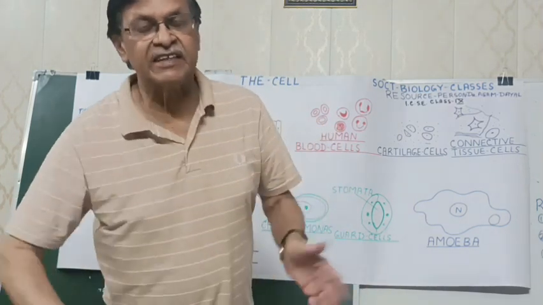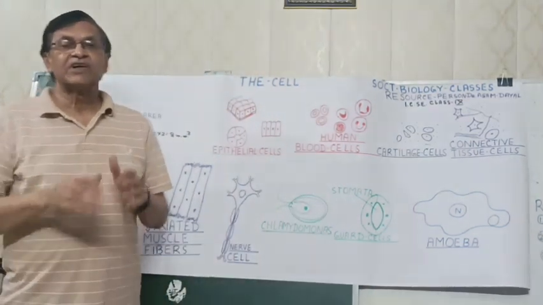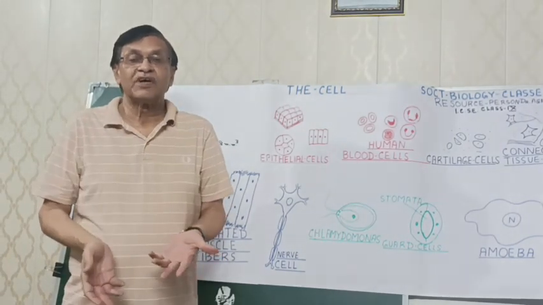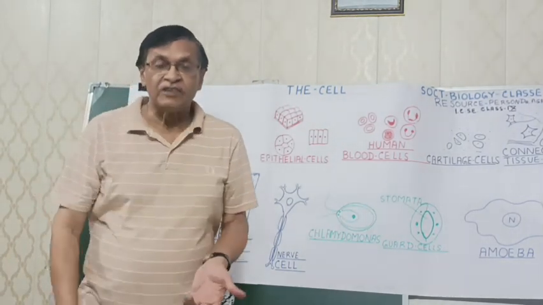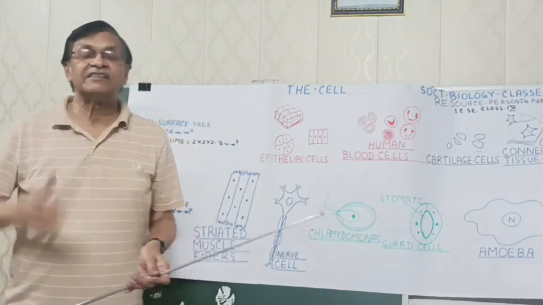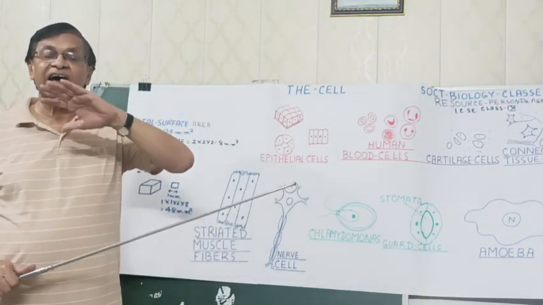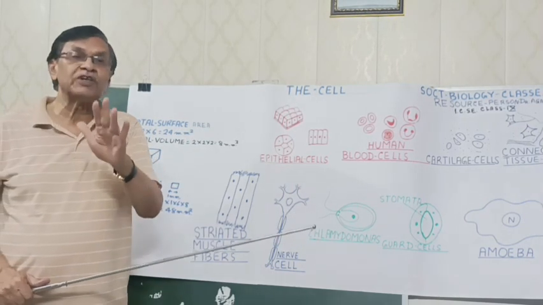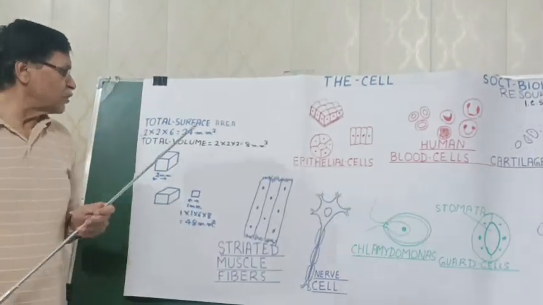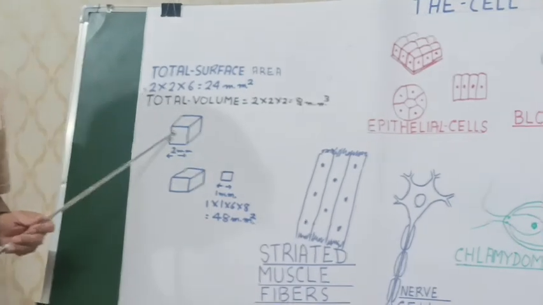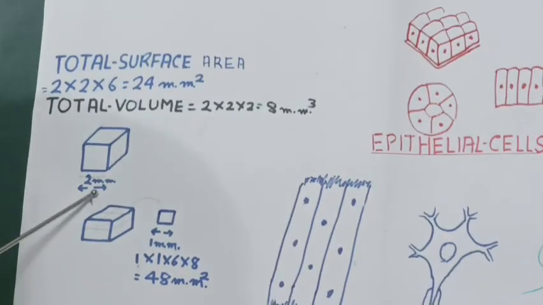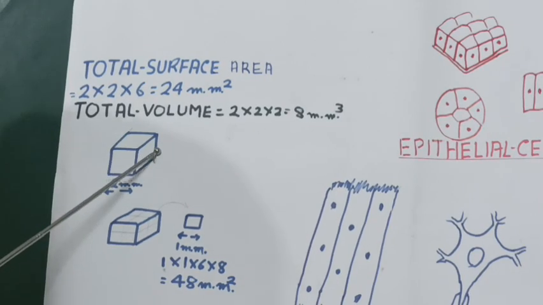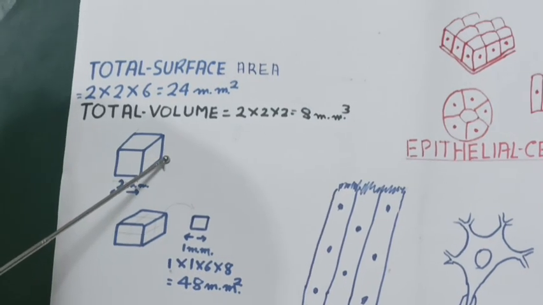A very interesting thing is that cells are very small. Why are they very small? Because a very small size has a larger surface area as compared to the volume. Suppose we have a cube with one side 2 millimeter long, 2 millimeter broad, and 2 millimeter deep.